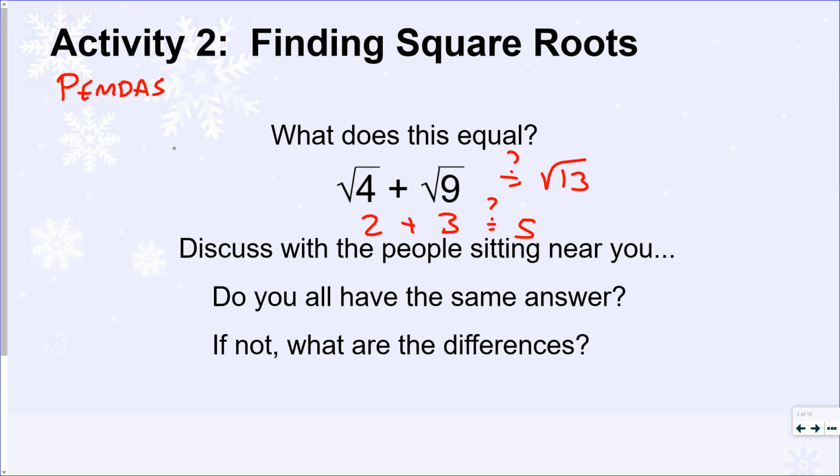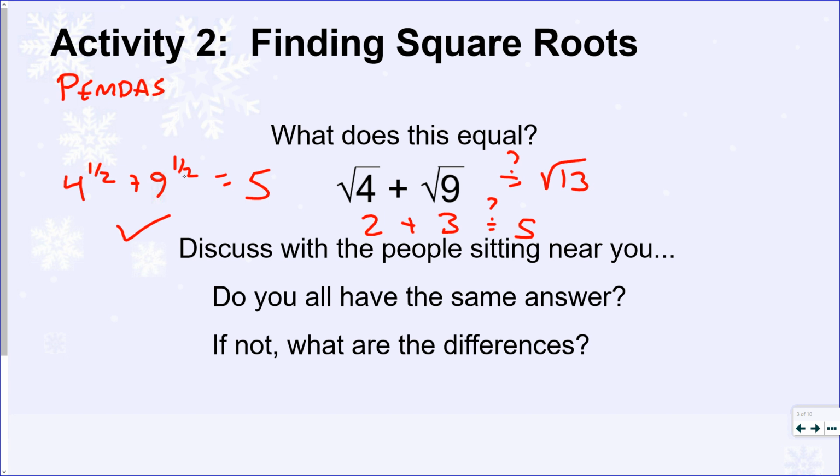That's not in PEMDAS, is it? But it is, because don't forget that root 4 can be written as 4 to the 1/2 power, thanks to the work that we did back in lessons 1 through 5, plus 9 to the 1/2. So those are definitely exponents, and the exponents would happen before the addition does. Therefore, we got an answer of 5.